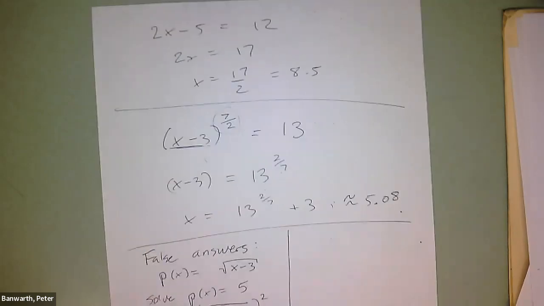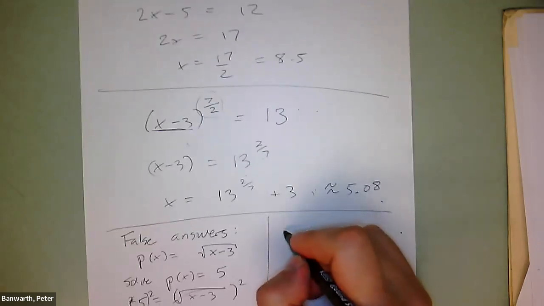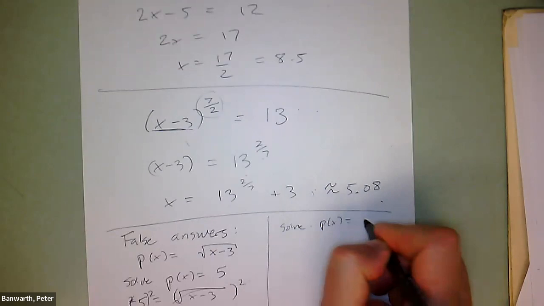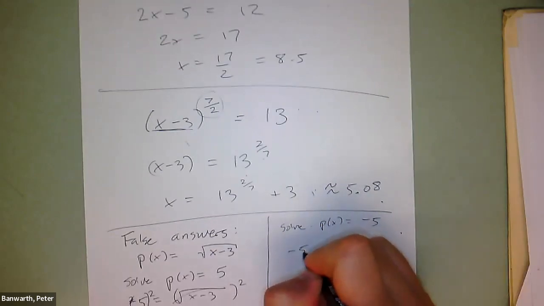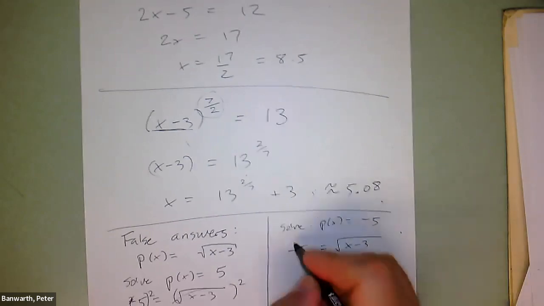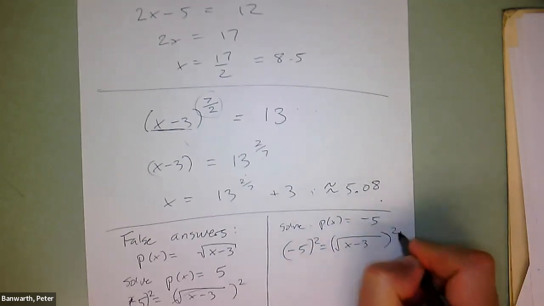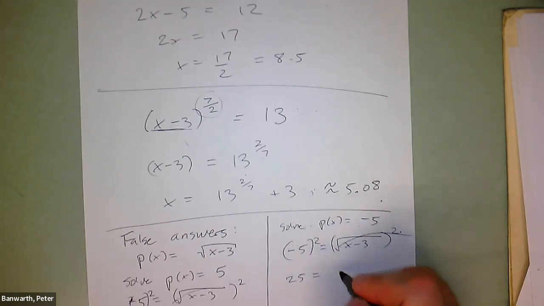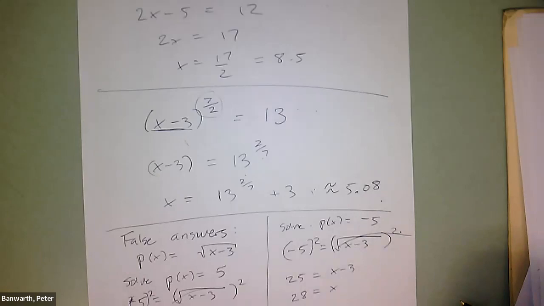That's no problem. But what if I said solve p of x equals -5, and you just chugged through the algebra without thinking about things? Those cancel. -5 squared is 25. x minus 3. So that means x equals 28.